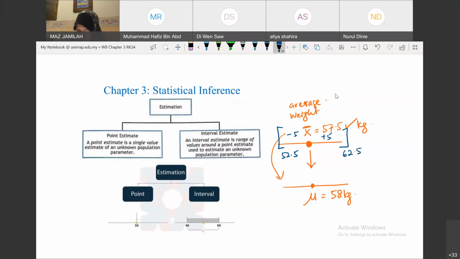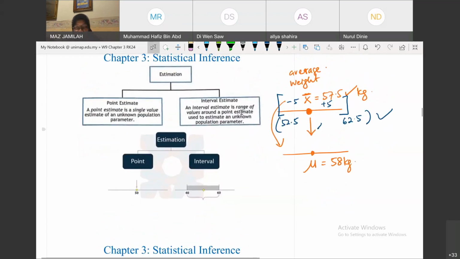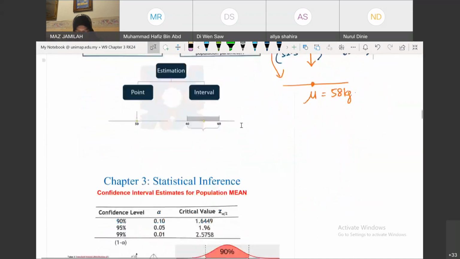So you are estimating your population mean to be between 52.5 and 62.5. Here you feel much safer because your statistical inference is given in a certain interval, and you are more confident with this interval estimate. So that is how the estimation can be done: point estimate or interval estimate.